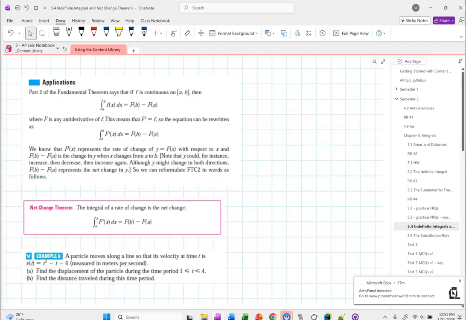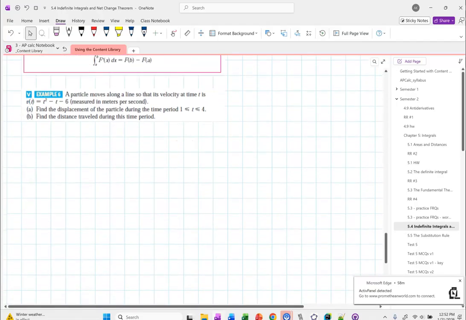If I take position at time 2 minus position at time 1, what I have is the net change in position. Like how far apart is the thing at the start from the finish. Everybody agree? So this idea that an integral in a real world sense is going to represent a net change is something we'll use fairly frequently.